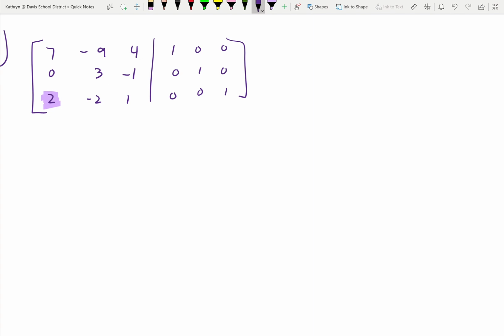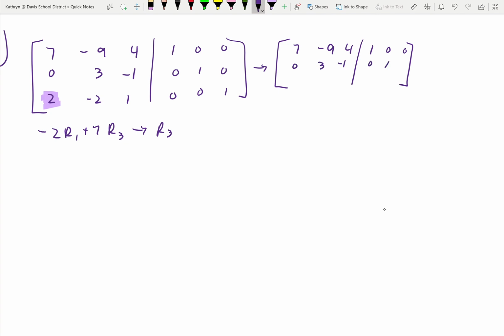Okay, so I'm going to go -2 times row 1 plus 7 times row 3 becomes my new row 3. Okay, so row 1 doesn't change. Row 2 doesn't change.